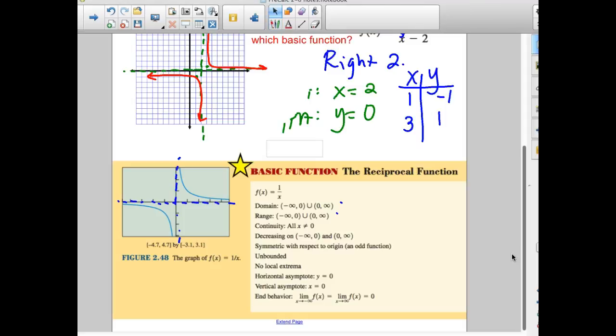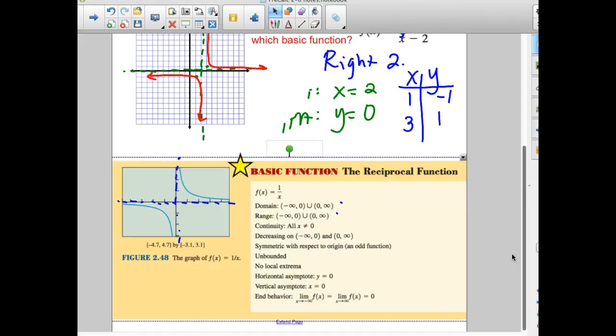And it is decreasing for all of your domain. It's coming from the left here and going lower as we approach that y-axis. And on the right-hand side, it's coming up from way high and approaching 0. So it is decreasing in both of those branches. It is symmetric with respect to the origin, which makes it an odd function. That means we could spin it 180 degrees and it would look the same.